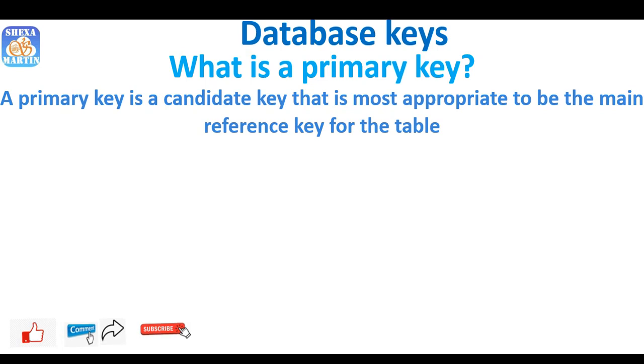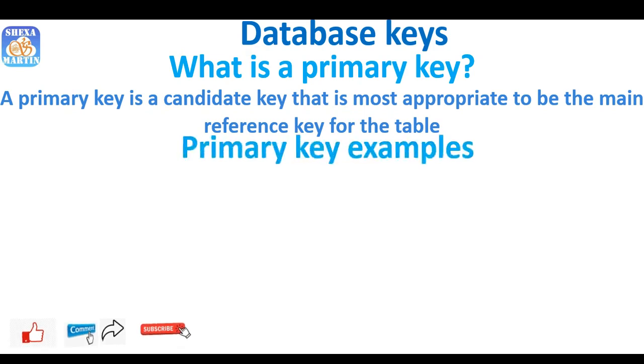There can be more than one candidate key in a relation, out of which one can be chosen as the primary key. We can have seven candidates for the job, but only one can be selected. So that's the primary key for us.